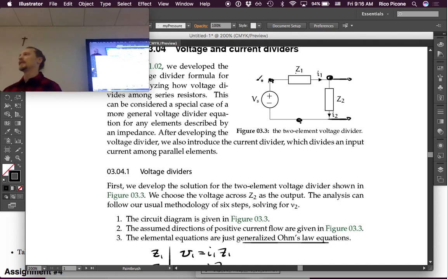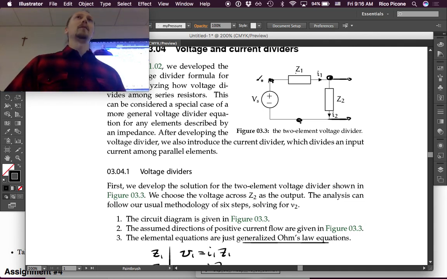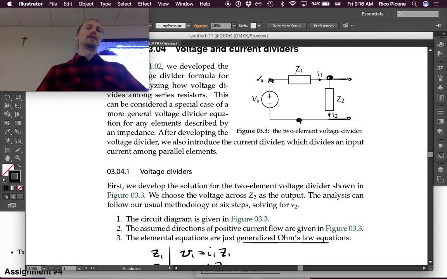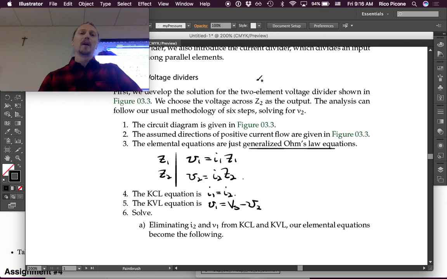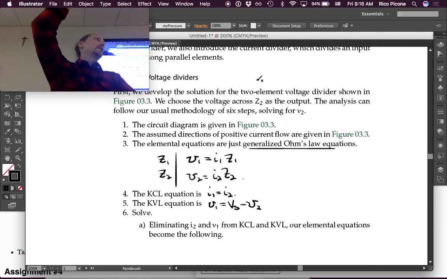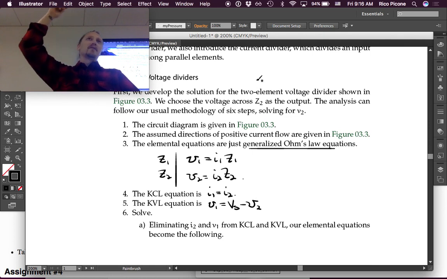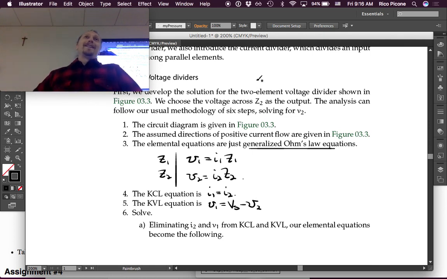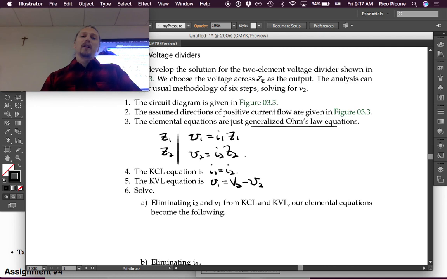Always go back to that: go around the loop, counting drops as plus and gains as minus. Or you could do it the other way, where drops are negative and gains are positive. Since you're setting it equal to 0, it does not matter. You just multiply everything by -1, and the signs work out.